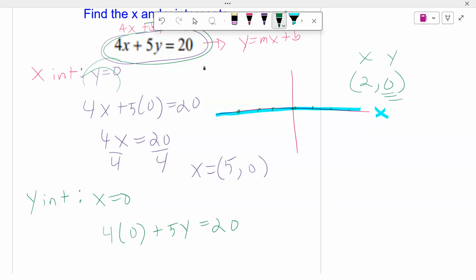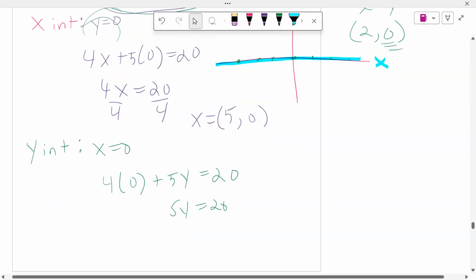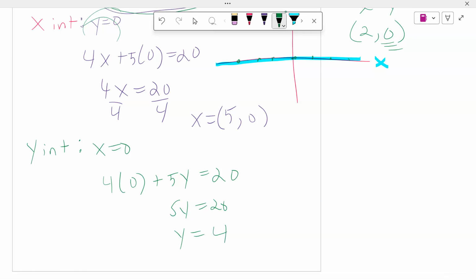Well, 4 times 0 is just 0. So we get 5y equals 20. Divide by 5. And it looks like the y-intercept should be 4. Now, as a coordinate, we plugged in 0 for x, and it spat out a y value of 4. So it would be 0, comma 4.